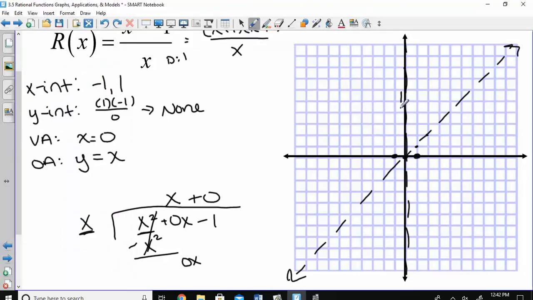Make sure when you're drawing this it is curved. You do have to go through your x and y intercepts. And you're just approaching your asymptotes. So it looks something like that.